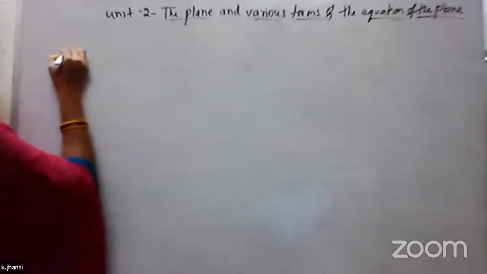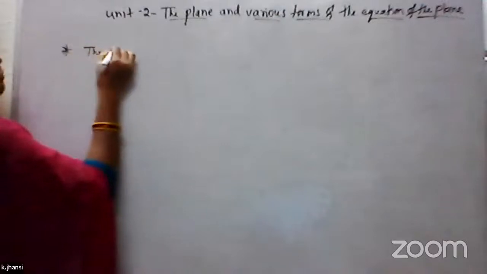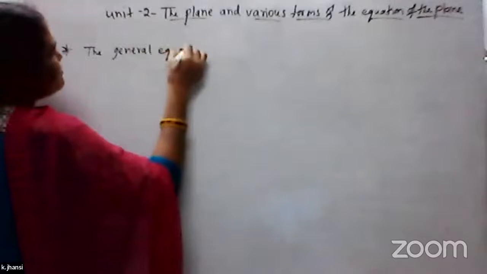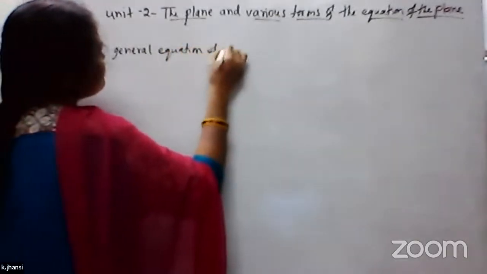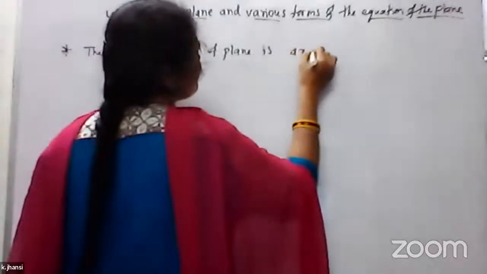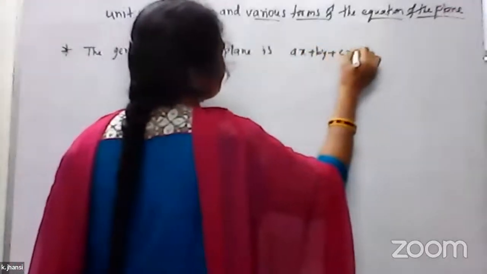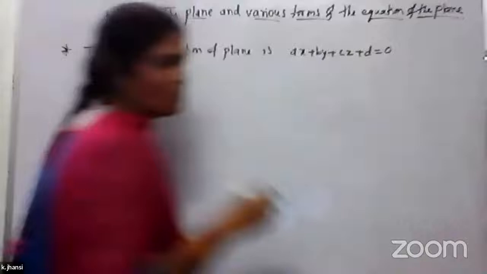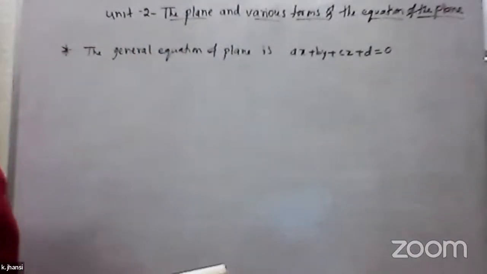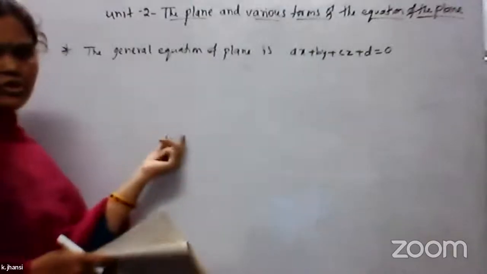So first we have the general equation of the plane. Okay. So the general equation of the plane is ax plus by plus cz plus d equals to 0.